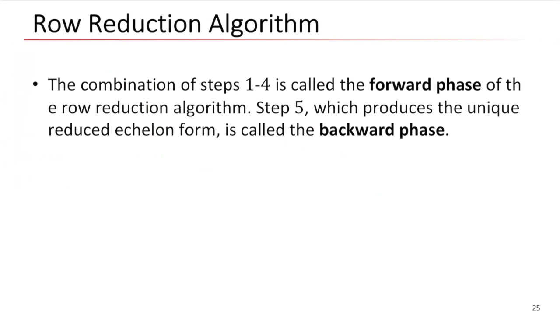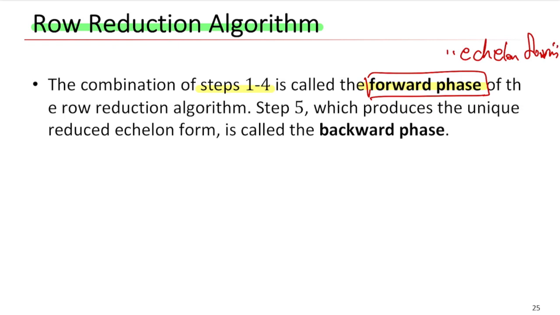To summarize, in the row reduction algorithm, there were 5 steps, right? Steps 1 through 4 are called the forward phase. In the forward phase, we want to make the original matrix into an echelon form.